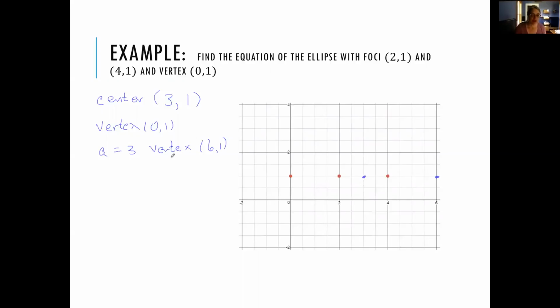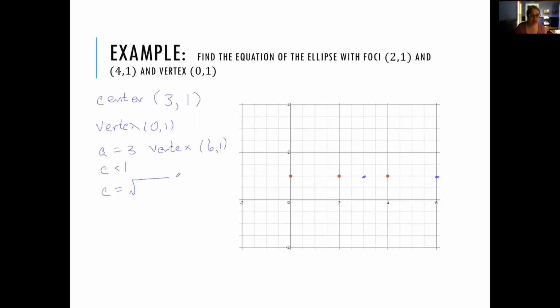Now, I also know that my foci are only 1 unit away from my center point. So that means that c equals 1. And we can see, because my vertices and my foci are all on a horizontal line, that this is a horizontal ellipse.